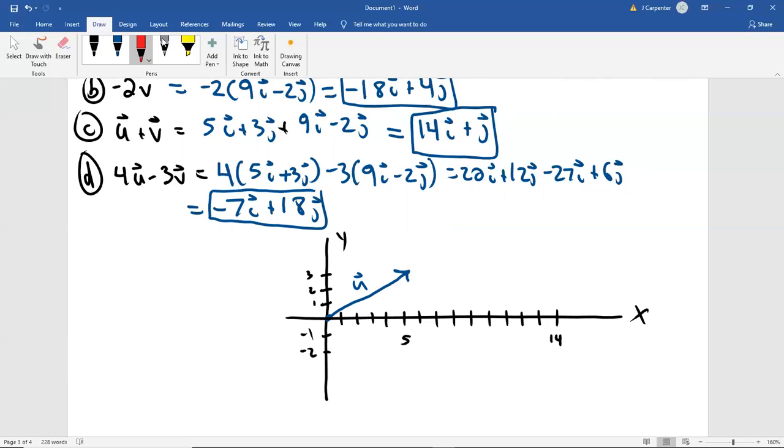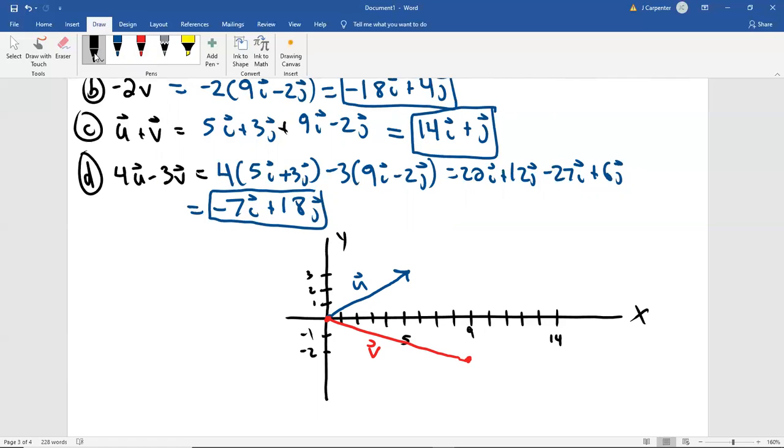So right 9, down 2. 1, 2, 3, 4, 5, 6, 7, 8, 9. So right 9 and then down 2. So starts there and ends there. As best as I can. Here's my vector v. Let me just put the 9 up there.